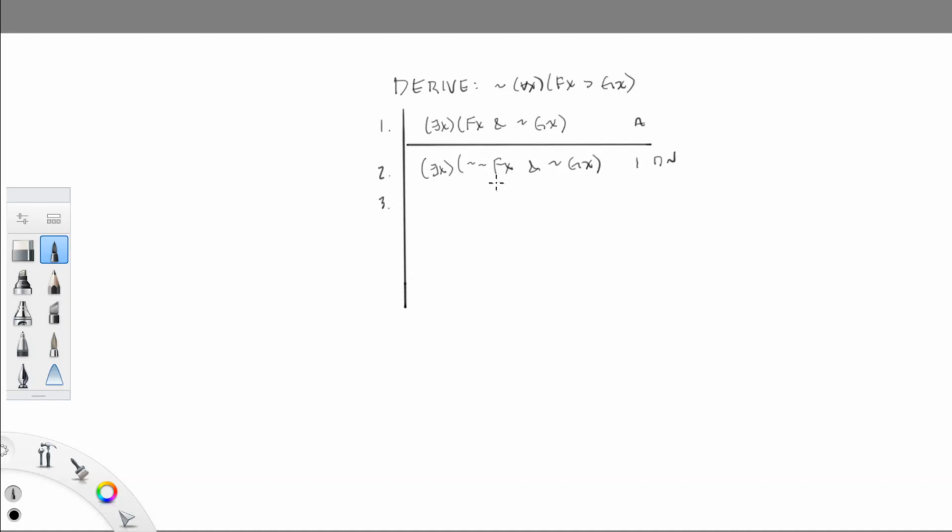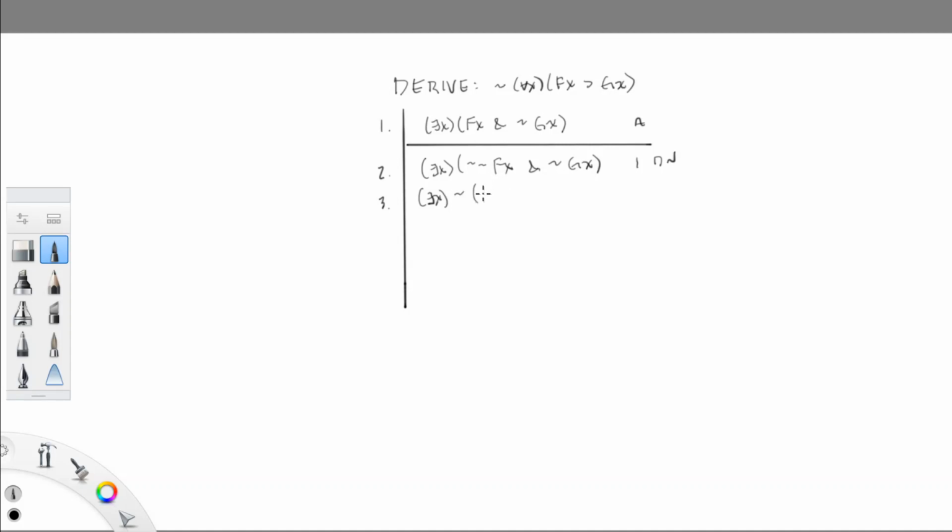So in that case, we can look at the expression between the parentheses, double negation fx ampersand negation gx. And what we have there is actually input for the rule De Morgan's, again, performed on part of the line.